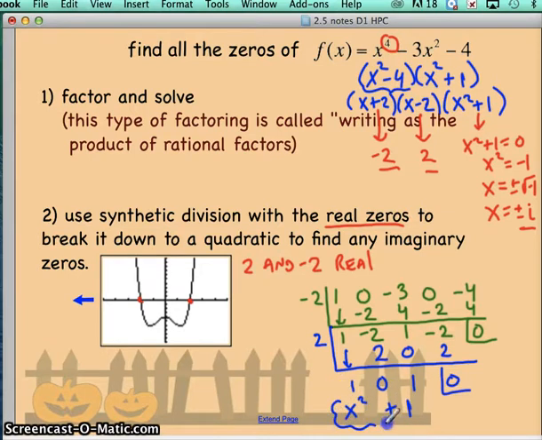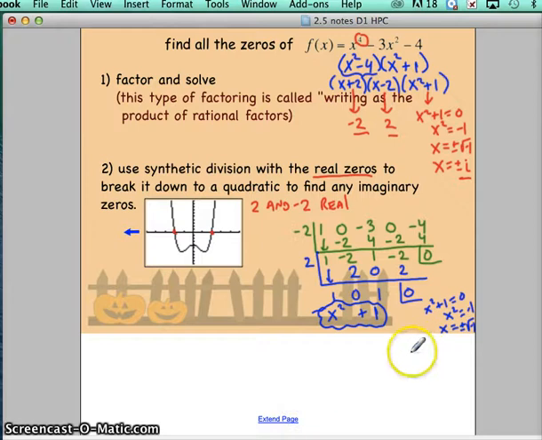Okay, so now if you take this and you solve, you would do x squared plus 1 equals 0. You'd have to subtract the 1, and then you'd have to take plus or minus square root of -1, which is going to be plus or minus i.